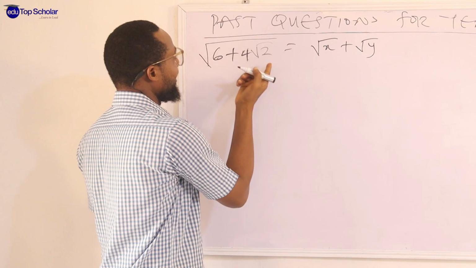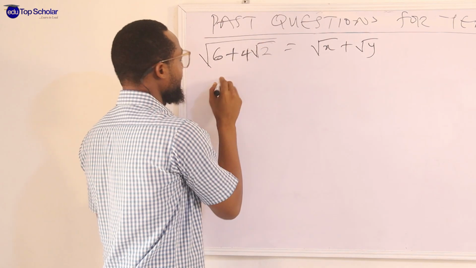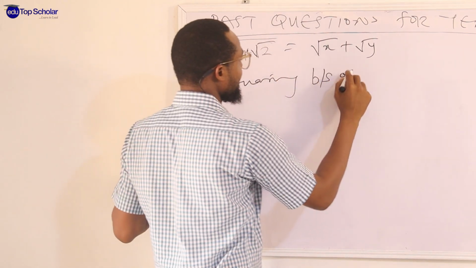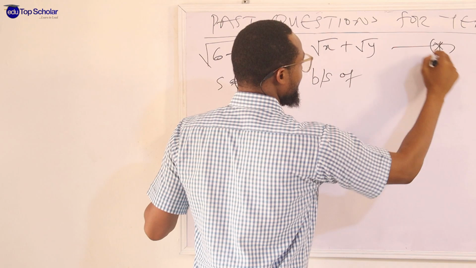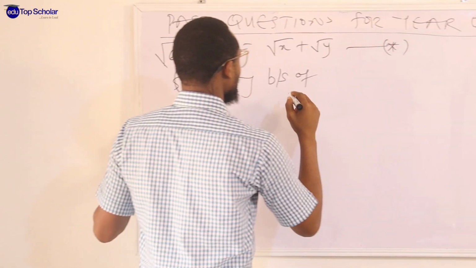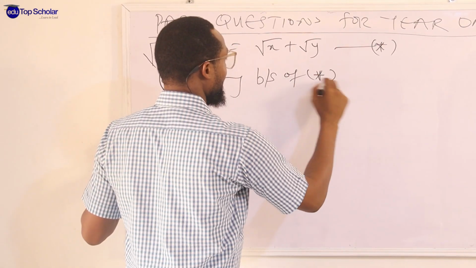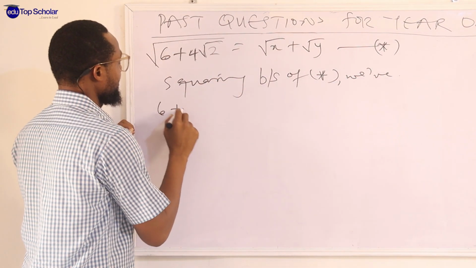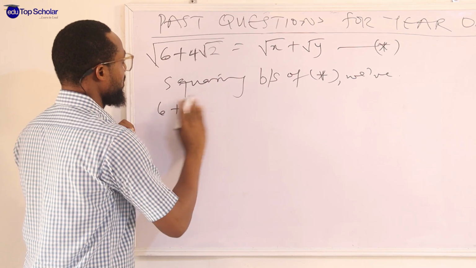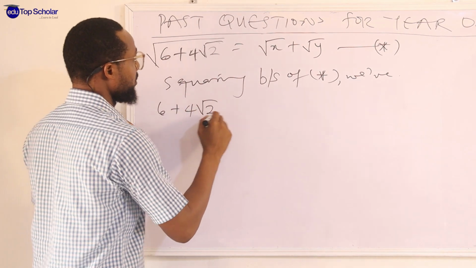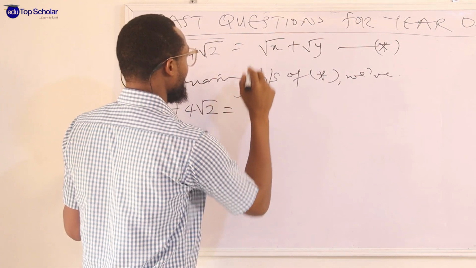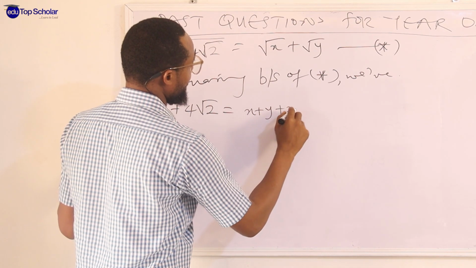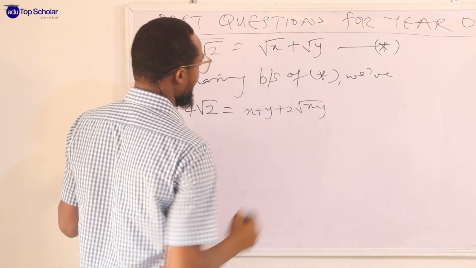Now, squaring both sides of, let me call this one equation star, we obtain 6 plus 4 root 2 equals, if I square this one now, x plus y plus 2 root xy.